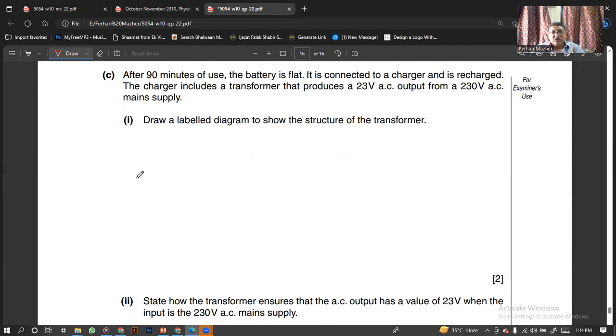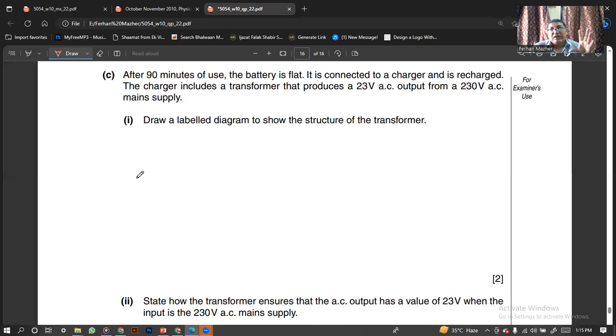So whenever you make a step down transformer, on the primary side show more number of coils, and in the secondary coil show fewer coils, because it's a step down transformer. Here the ratio between the secondary and the primary voltage is 1/10.